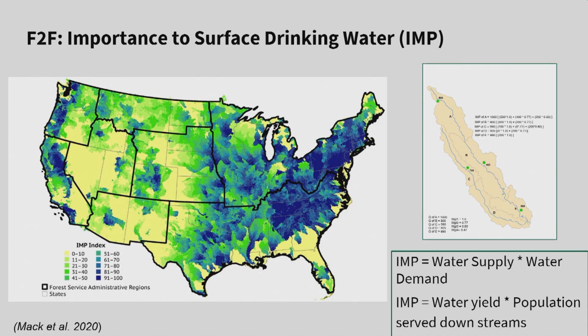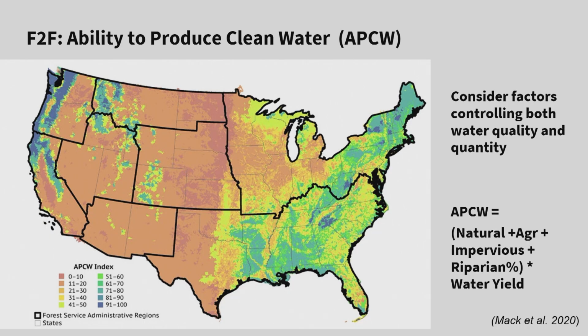But another factor is how much water is provided downstream to the population. Those two factors affect the importance of the watershed for water supply. This map is showing the ability to produce clean water.